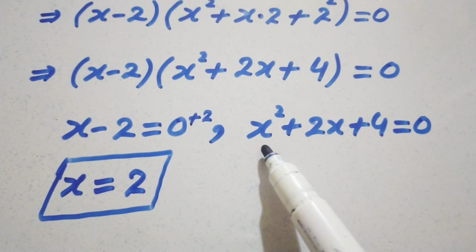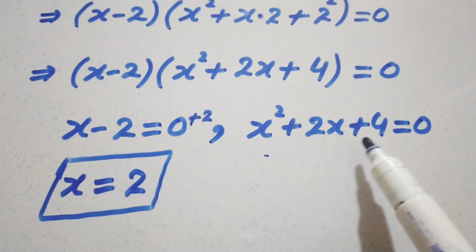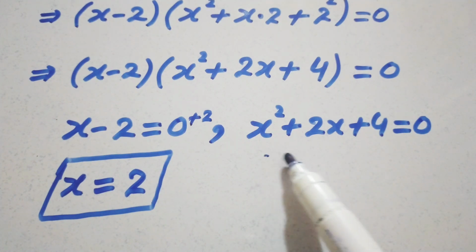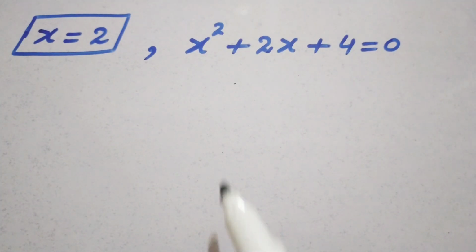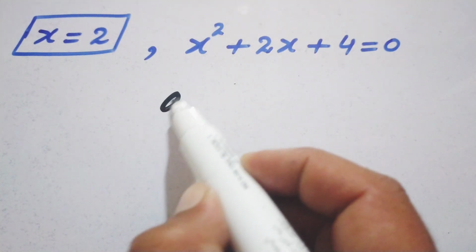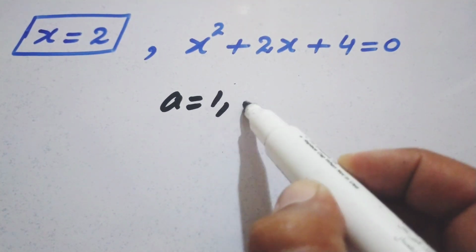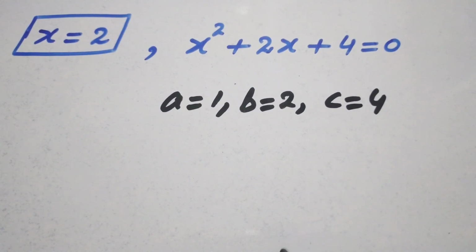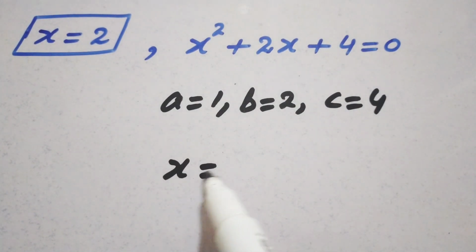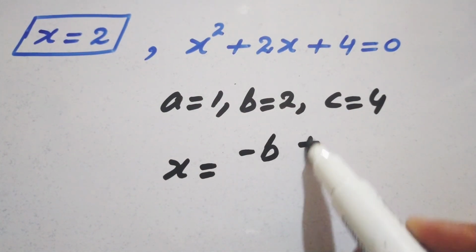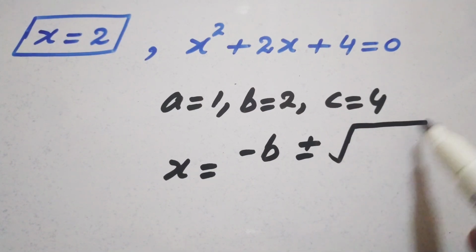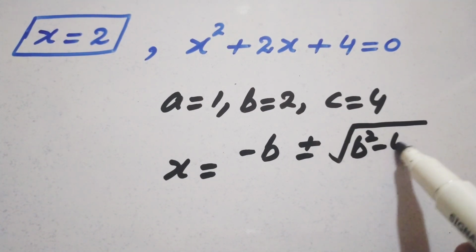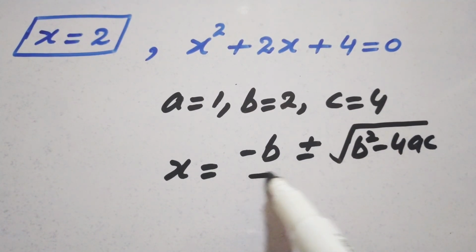And from this x squared plus 2x plus 4 is equal to 0, this is a quadratic equation. So we will apply the quadratic formula. In this quadratic equation, we have a is equal to 1, b is equal to 2, and c is equal to 4. And the quadratic formula is x equals minus b plus minus square root of b squared minus 4ac, divided by 2a.